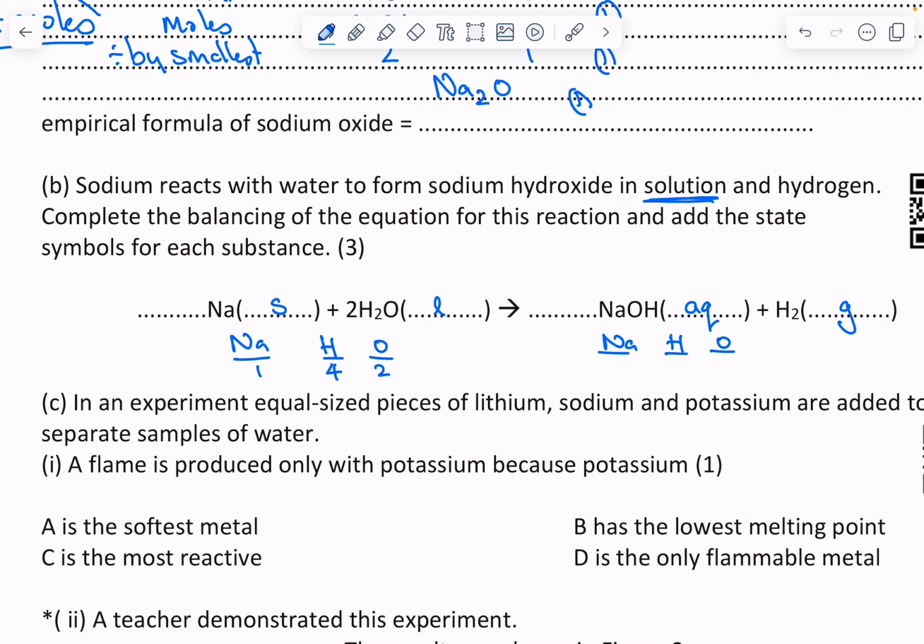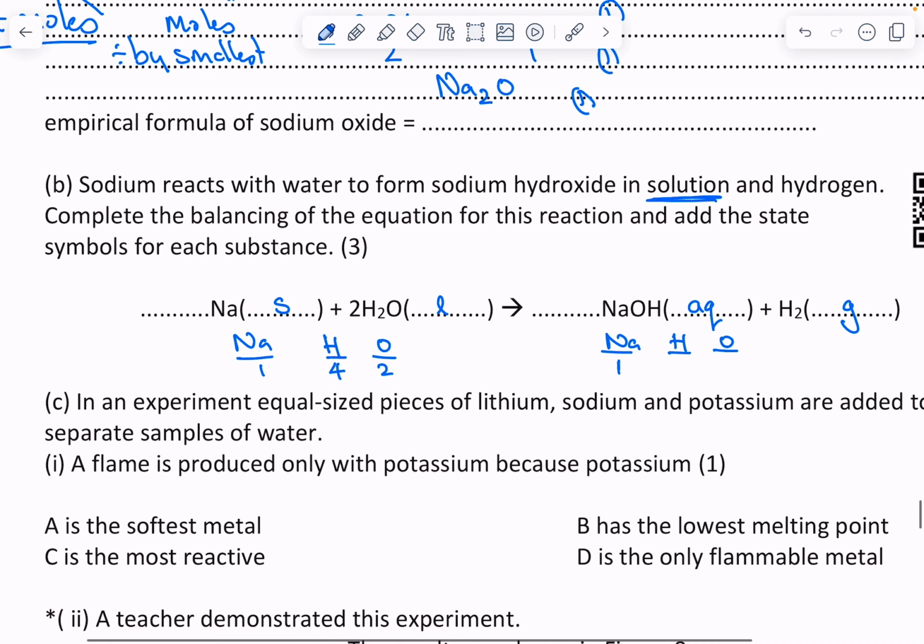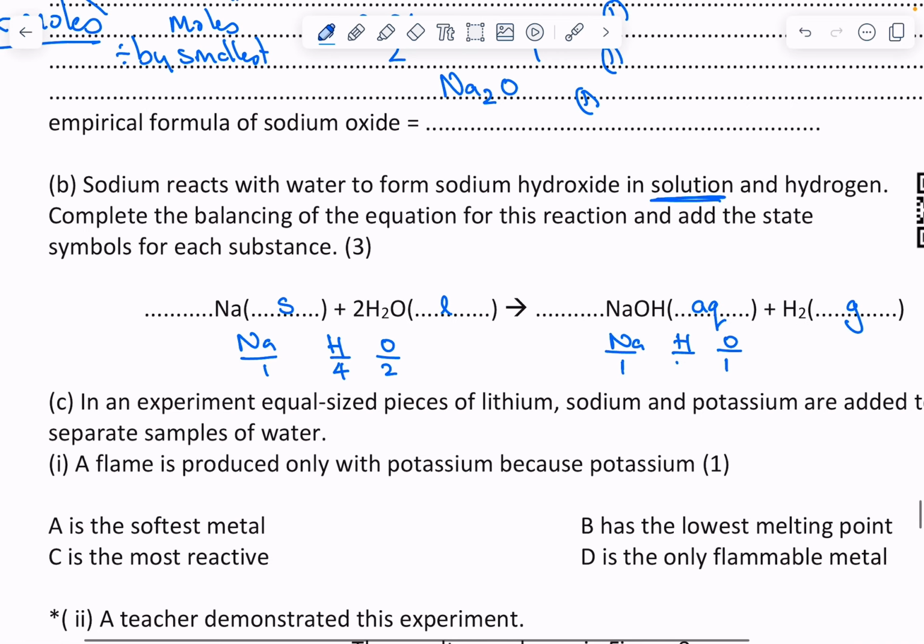On this side, I've got 1 sodium, I've got 1 oxygen. Now be careful with the hydrogens because there is 1 here, but there's 2 here, so that gives me 3 in total. And you can see that my hydrogens and my oxygens are not balanced.